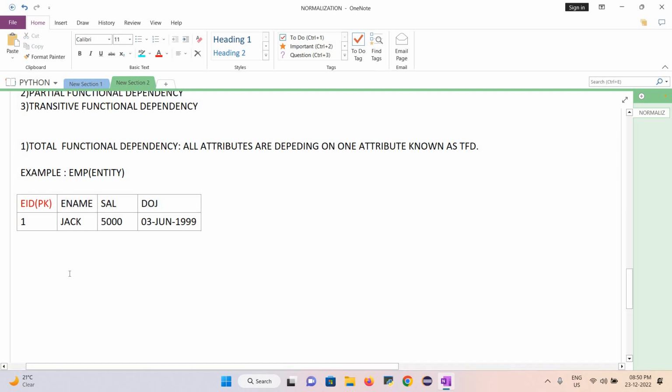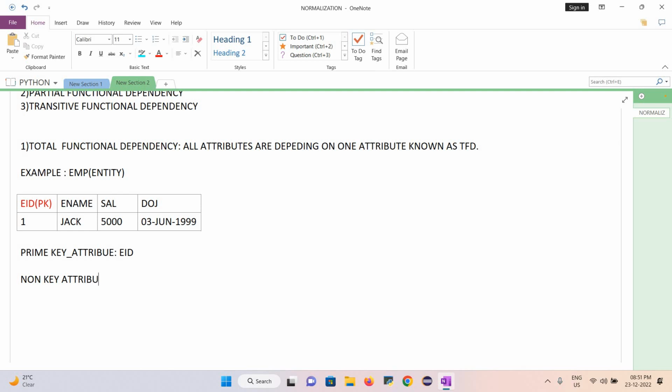Here I am going to represent my key attribute. I can directly say this is the prime key attribute. Which one is my prime key attribute? Employee ID is my prime key attribute. And the non-key attributes, what are those?